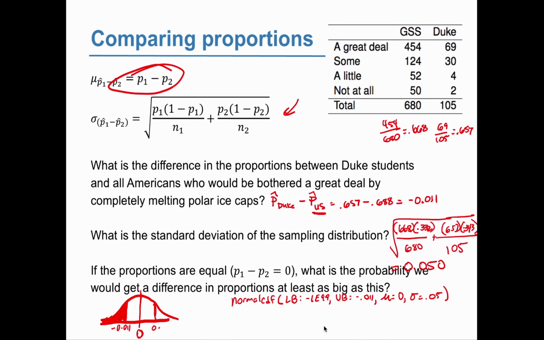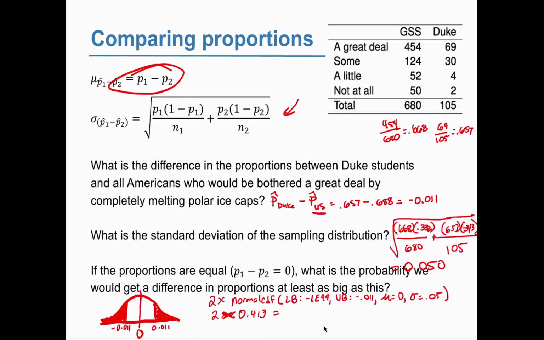So we should also find this part of the distribution: a difference of at least this big, with Duke being bigger. Because the normal distribution is symmetric, this tail is the same as the other tail, so we can just take our normal CDF that we already found and multiply it by 2. When you plug this into your calculator, it ends up being 0.413.